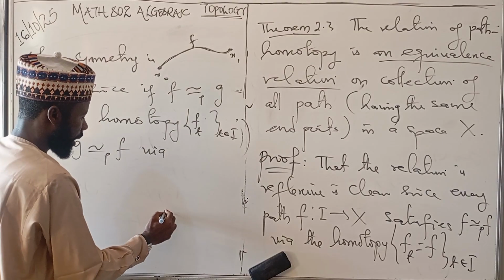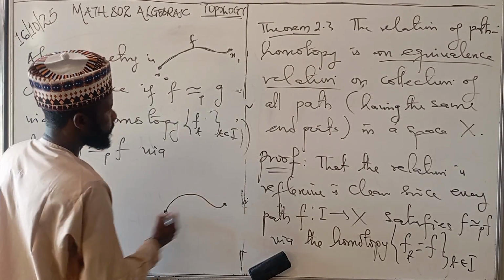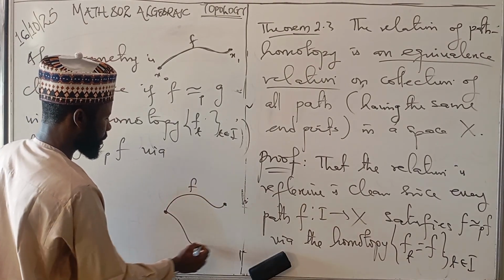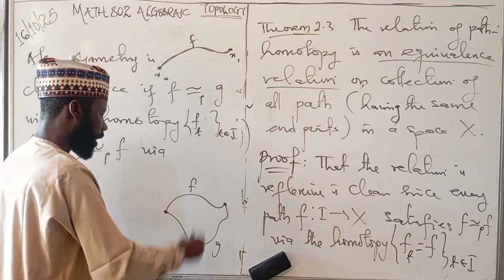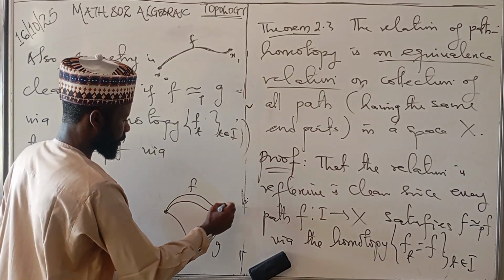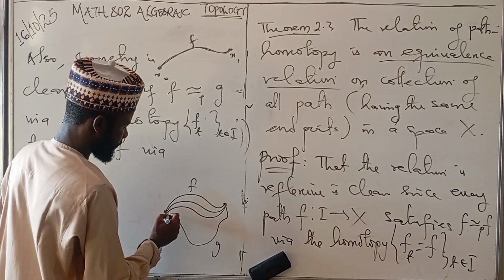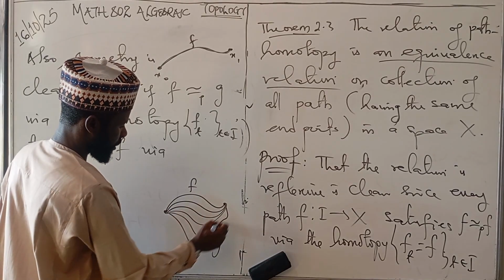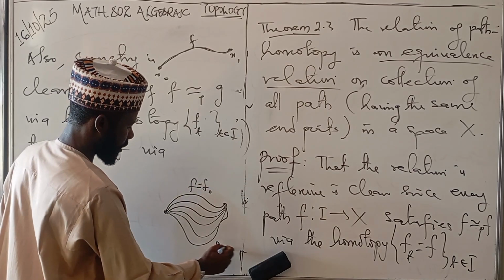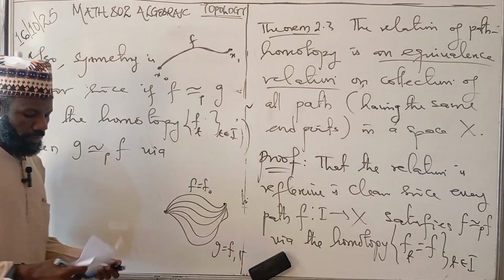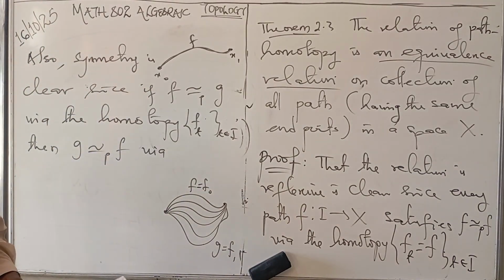So you see here what is happening. You have the F and you have G, and then you have a homotopy that does the job starting from F, and then after 1 hour it arrives here. So F0 is this one and F1 is here, at G. And this is your homotopy.